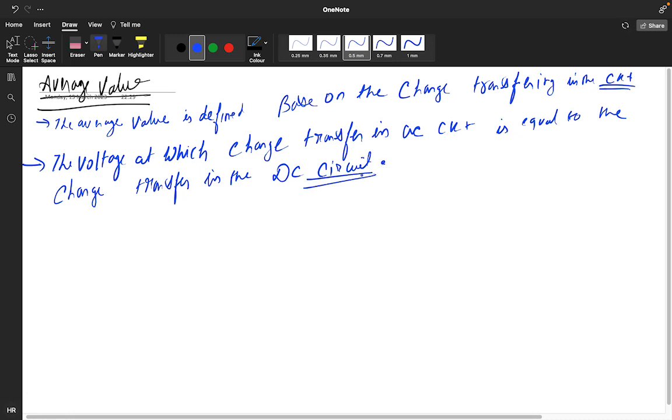This means an equivalent charge transfer. So the voltage at which the charge transfer in an AC circuit is equal to the charge transfer in a DC circuit is called your average value.